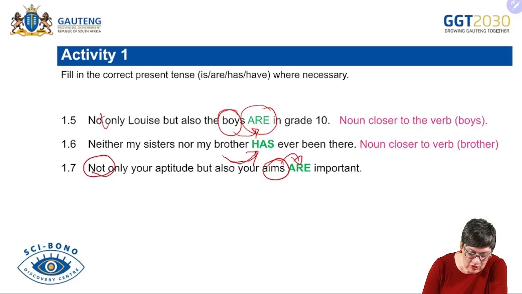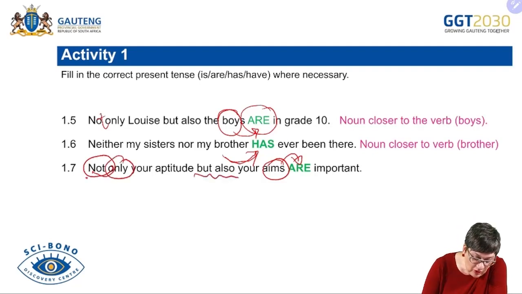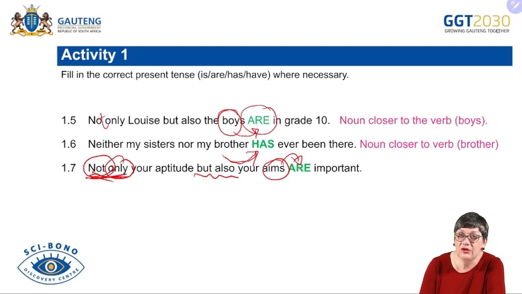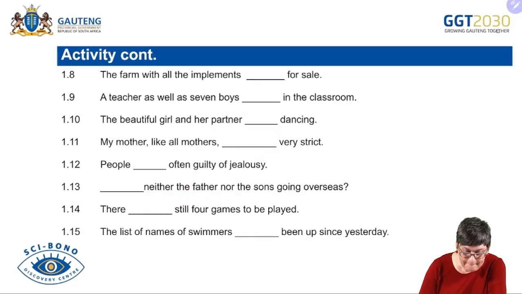Because we're using not only, but also. Now, please remember this. In exam, we love giving you only this part. Not only. You have to include the second part, but also. You remember that. Okay, here's another few.